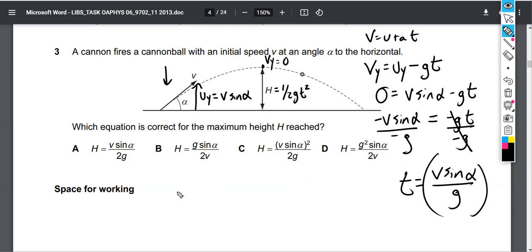Plug that in right here. h equals 1/2 g t squared, which is going to be v sine alpha squared over g squared. I took that for t, squared it, and put the g back where it goes. Then this g will cancel one of those, and I'm left with h equals v sine alpha squared over 2g. And that's that one then, right? So it works that way too.